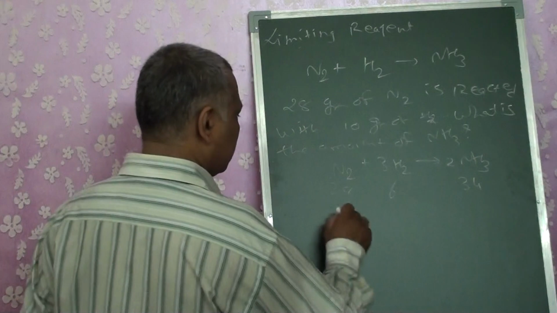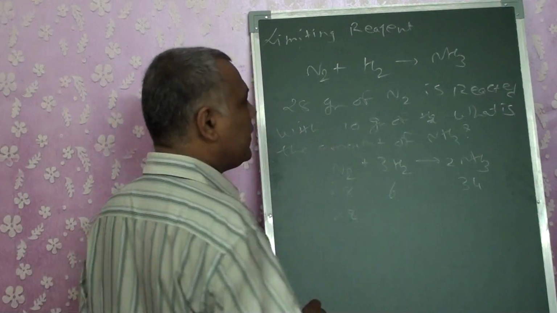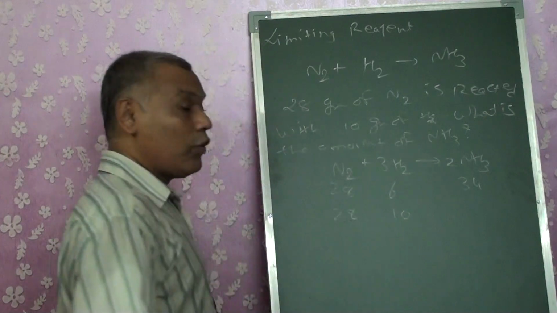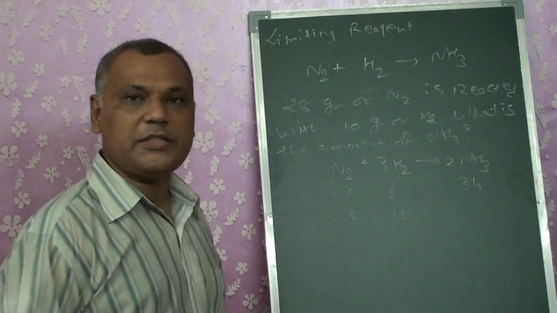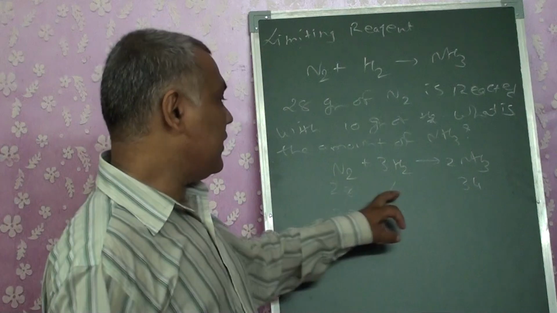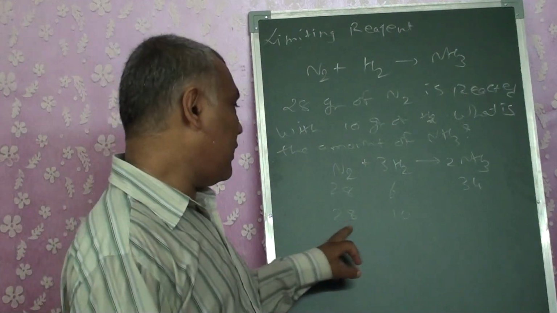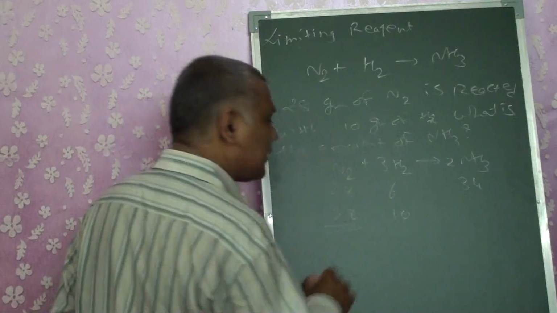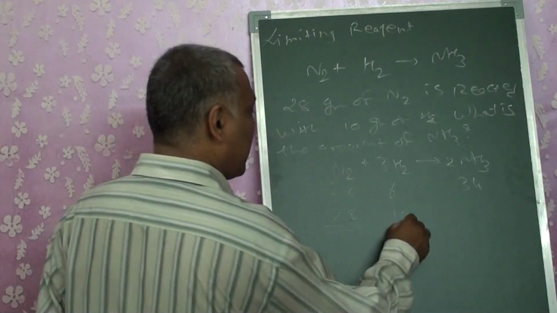What is given to us? 28 is there. 10 is there. So what does it choose? This one becomes much easier for us. 28 needs 6 and here we are having 10. So can I say that I am having enough quantity to react this?